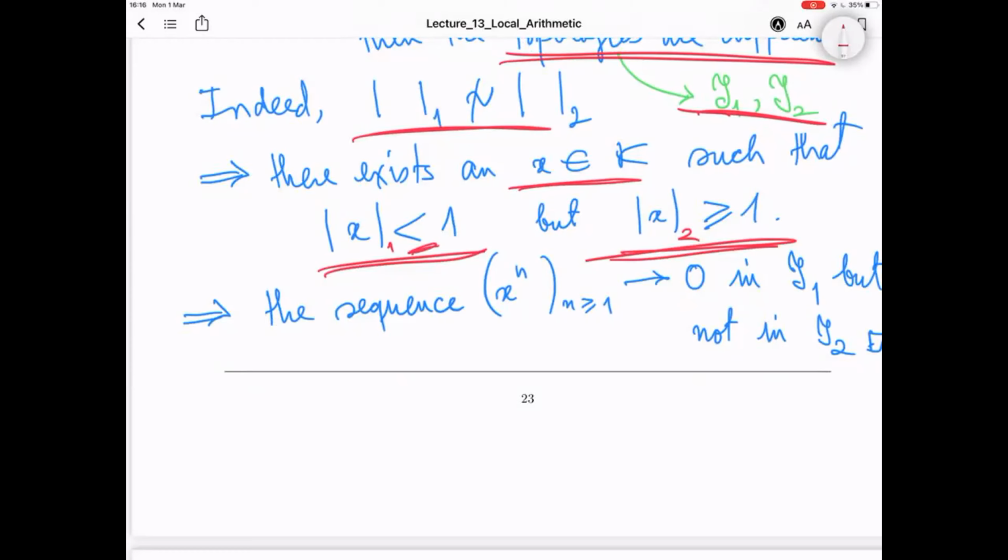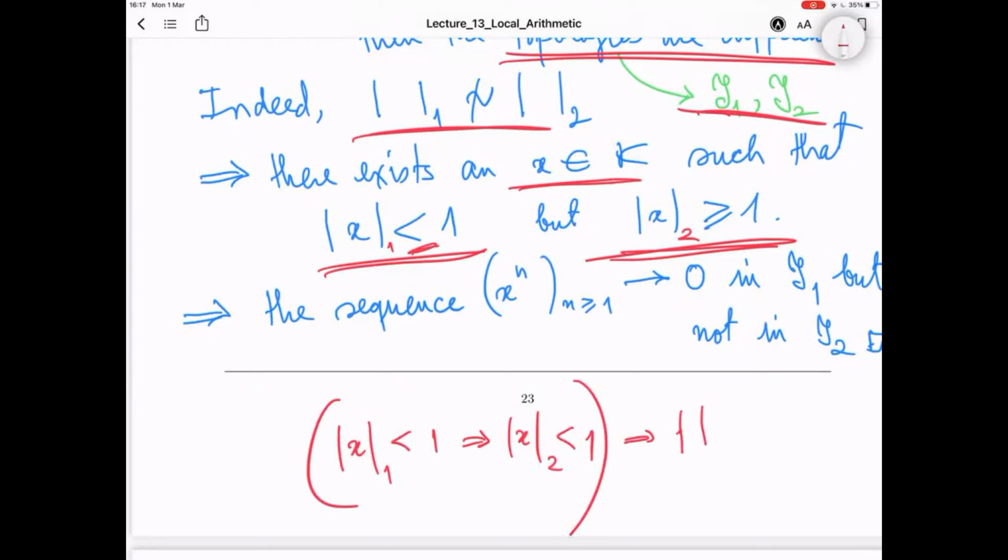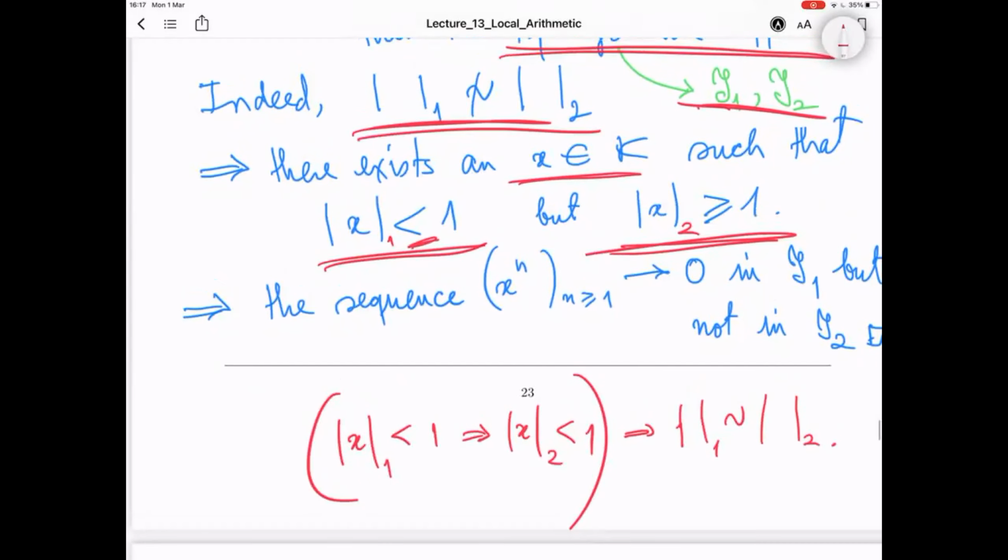That's what we have proved earlier: if this less than 1 implies that, then these two norms are equivalent. We have proved this earlier. So if they're not equivalent, it means that there's some element x such that the first norm is strictly less than 1 and the second norm is greater than 1.